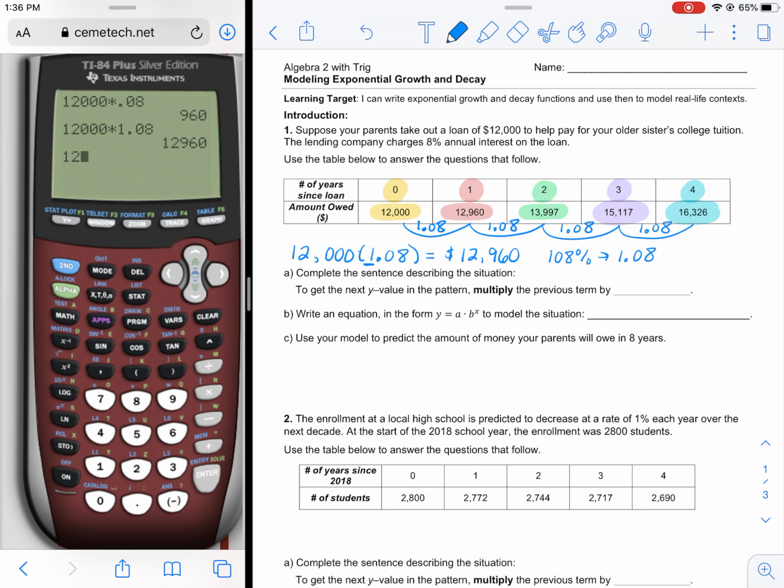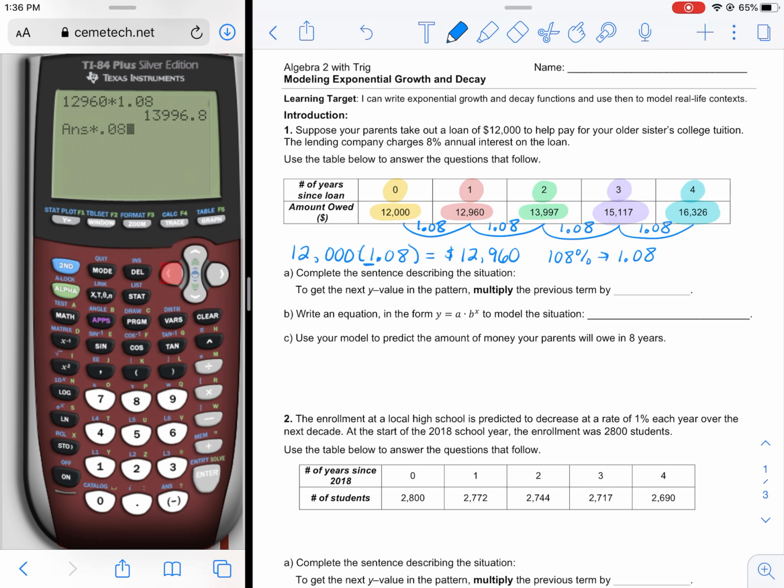So notice if I just do one more, and you can verify if you want, we just keep on multiplying by 1.08. Okay, there's our, oops, I must have missed a number, sorry. So we're at 12,960. If we multiply that by 1.08 again, there's our 13,997.